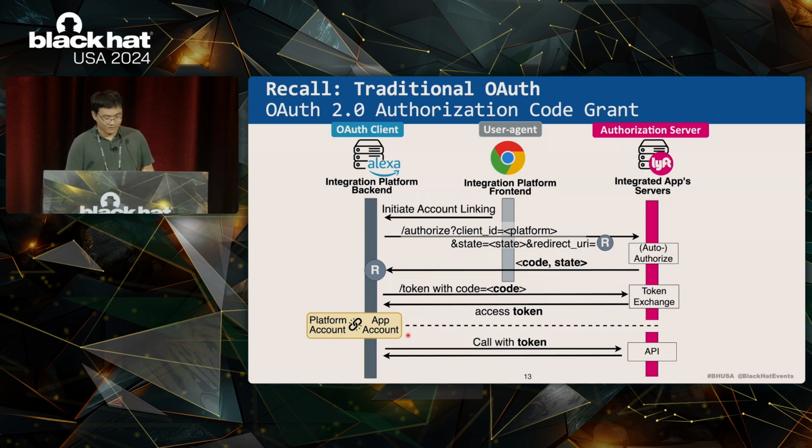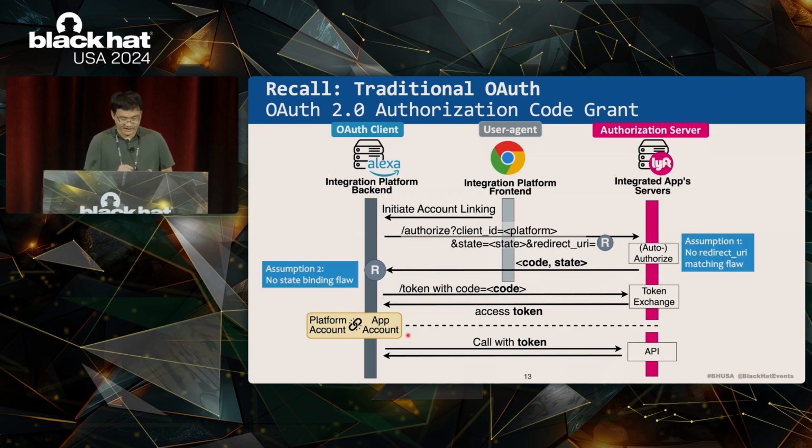If you're familiar with OAuth security, you might be aware that there are 2 common types of attacks. First one is about the redirect URI. If the redirect URI is not matched against by the authorization server, then the authorization code could have been leaked to an unintended server. There's also a state parameter in OAuth, which tracks the OAuth states and is also used as the CSRF, cross-site request forgery, token.